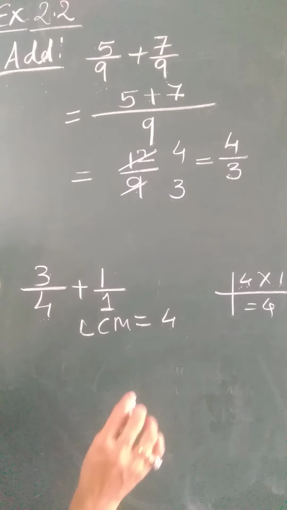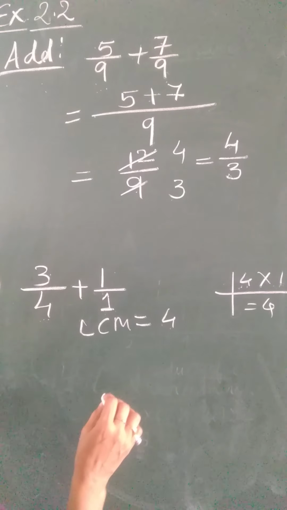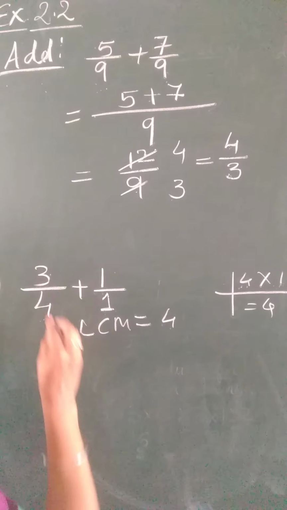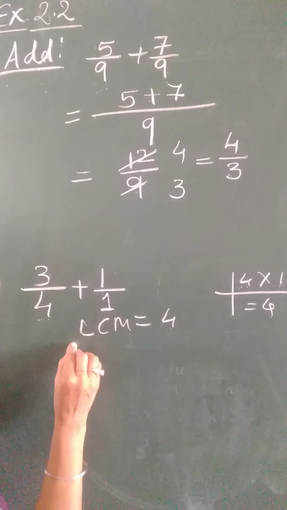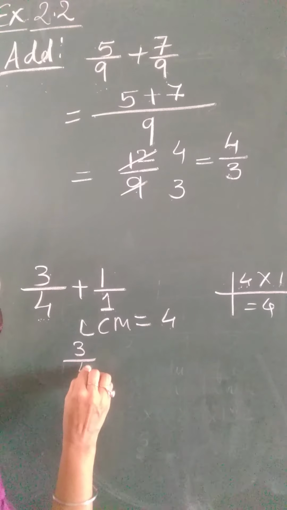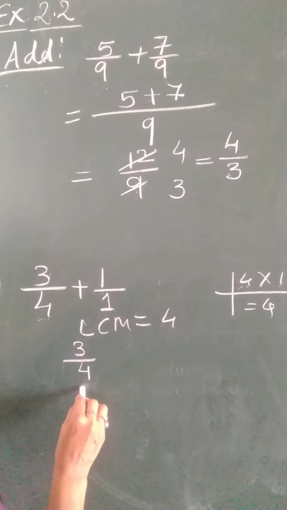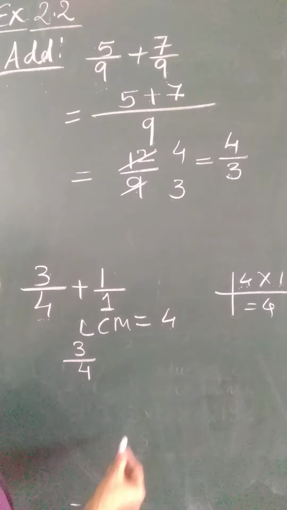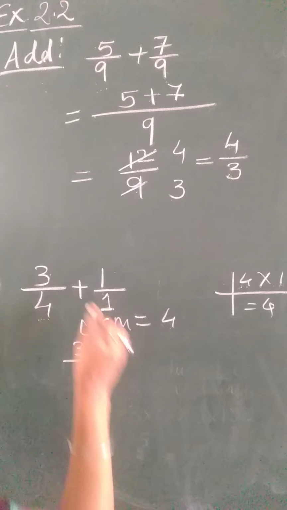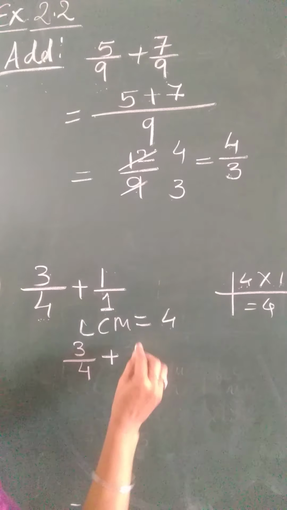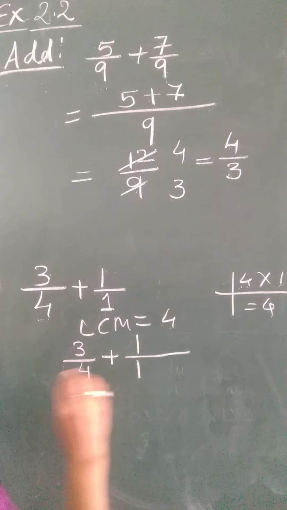Now one method that you are always using, that I am writing here. See, first you will write this fraction as it is, 3 by 4. Now as the denominator is already 4, no need to multiply this 4 by any number. Now see here, plus. Write this fraction first as it is.